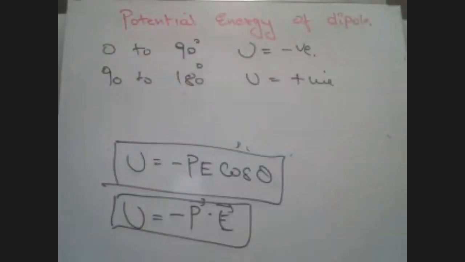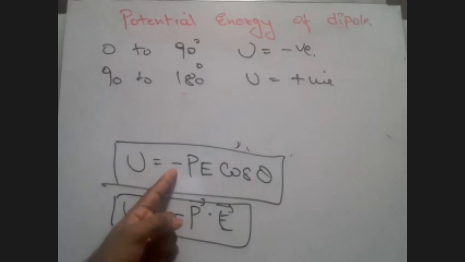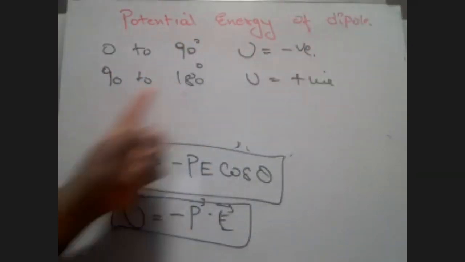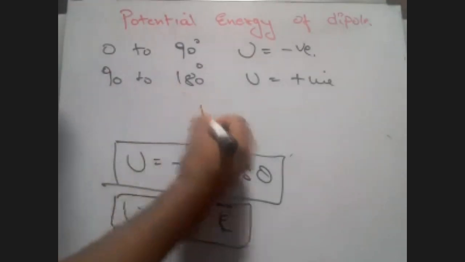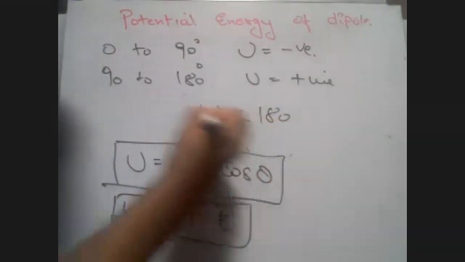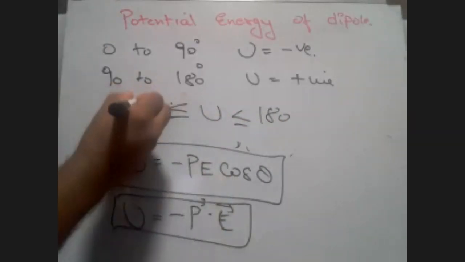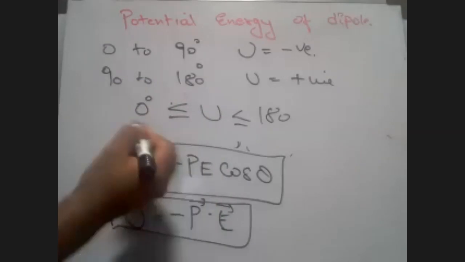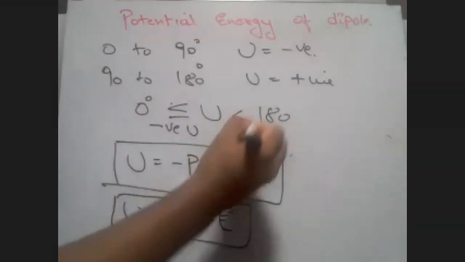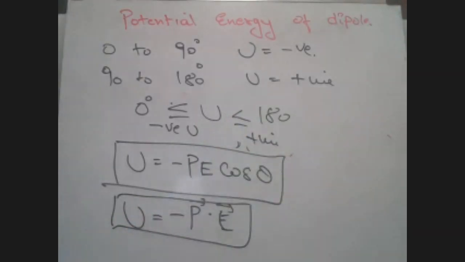From 0 to 90 you have negative potential energy, and from 90 to 180 you have positive potential energy. Never mistake it to be positive from 0 to 90. If you substitute theta from 0 to 90 you get a positive value of cos theta, but there is already a negative sign, so potential energy will be negative. So at this point it is negative potential energy, and at this point it is positive potential energy. This is what the potential energy of a dipole simply means.